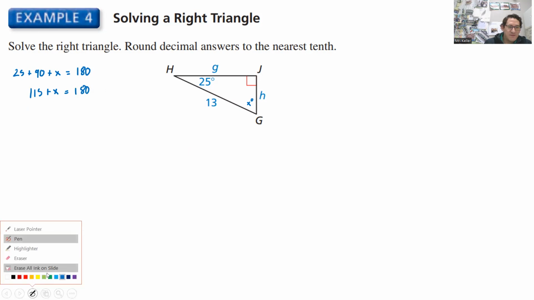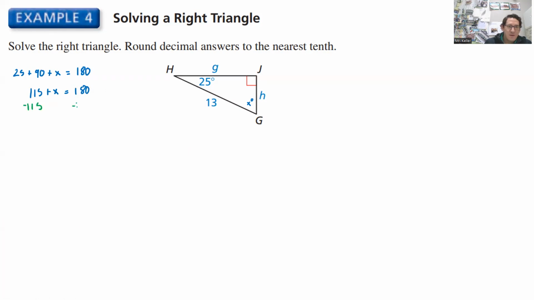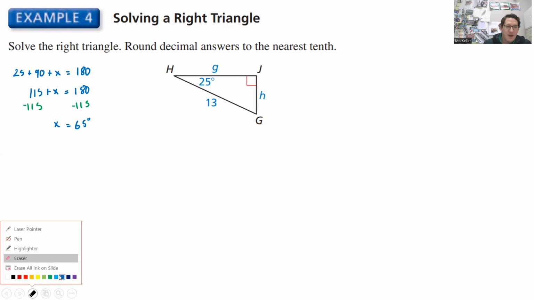Subtract 115 from both sides, and you get X is equal to 65 degrees. So first one, that missing angle there, easy to find, 65 degrees.